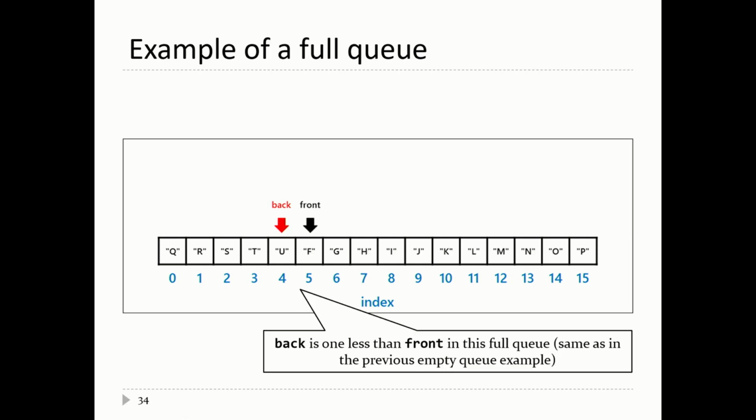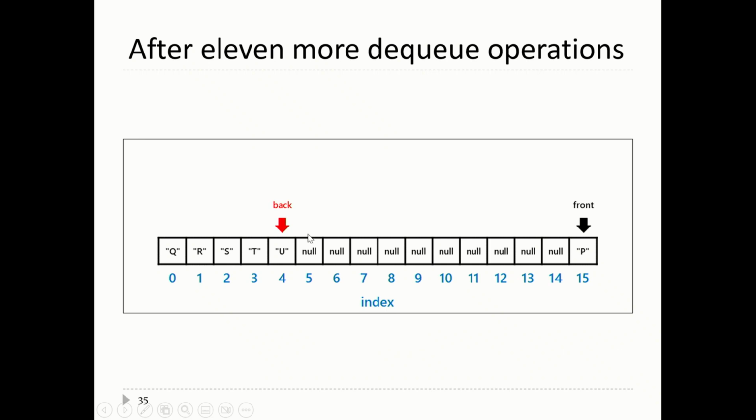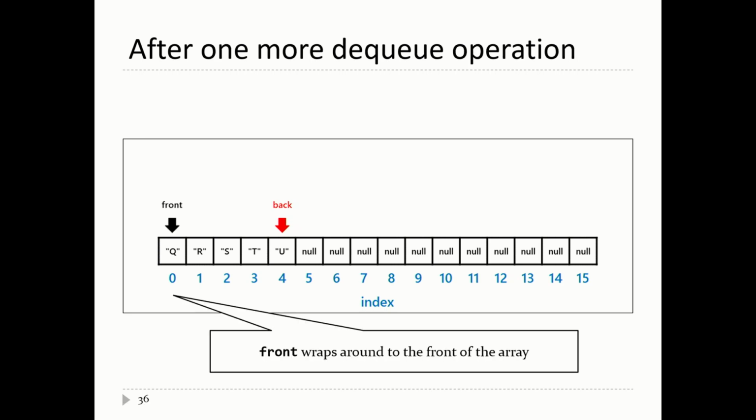Okay, so there's my full queue. I'm going to start dequeuing now. So when I dequeue, the front element's going to come out. And I can do that several times. And now the same thing happens to front. If I dequeue again, I have to wrap front around to the front of the array. So front also wraps around.